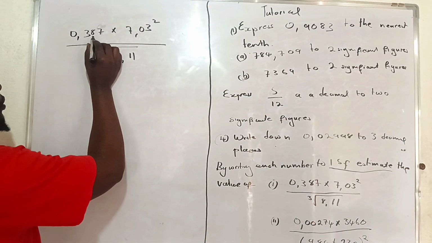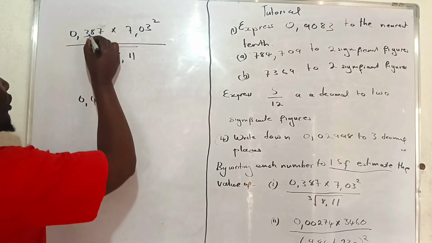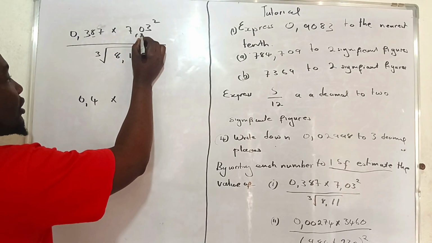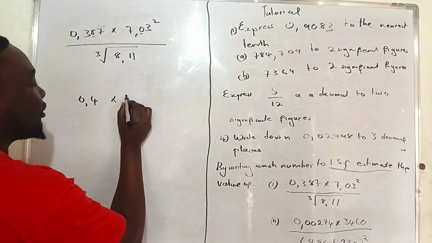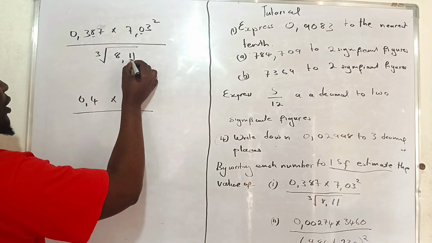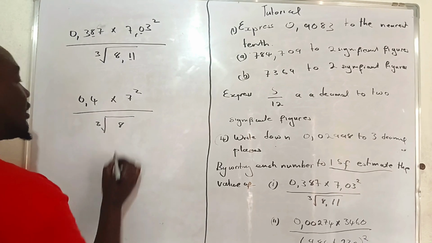So if you want to put this one to one significant figure, you're going to have 0.4 multiplied by 7 squared divided by the third root of 8.